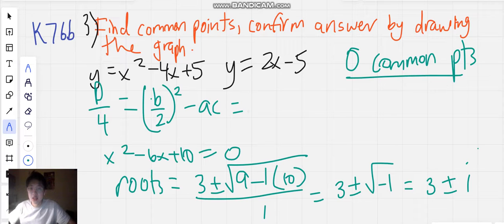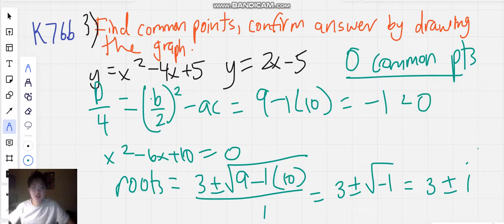So b is -6, put that over 2 is -3, square that, so 9, minus a, 1 times 10, just c. I'll get -1. That is indeed less than 0, so I can confirm that I correctly have 0 common points and no real solutions.